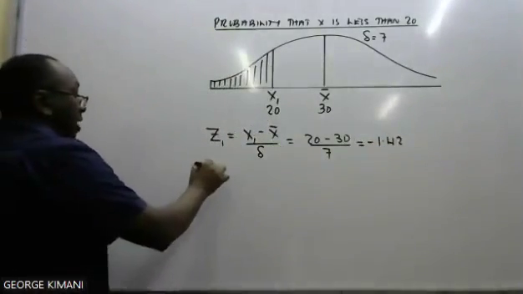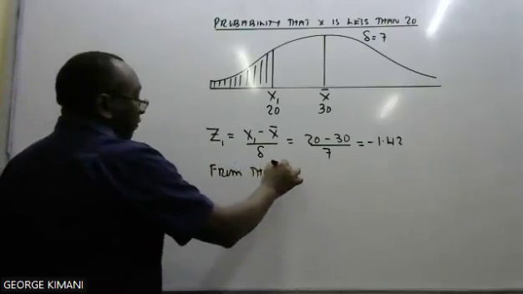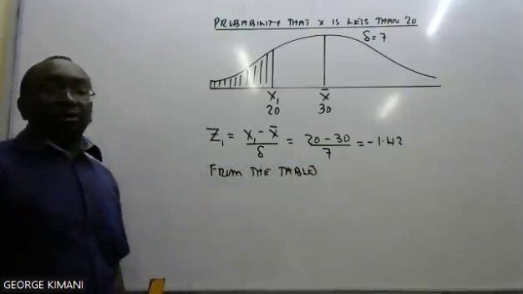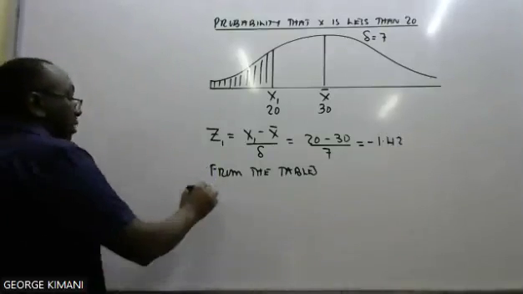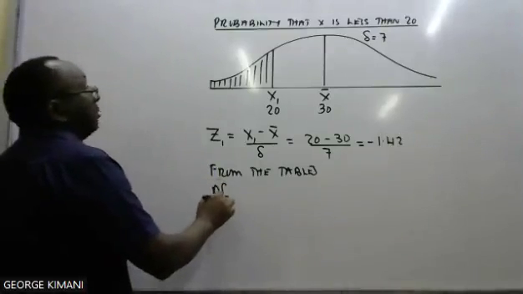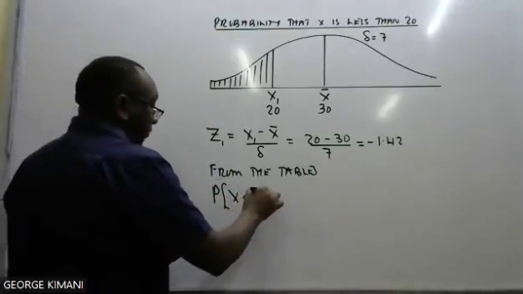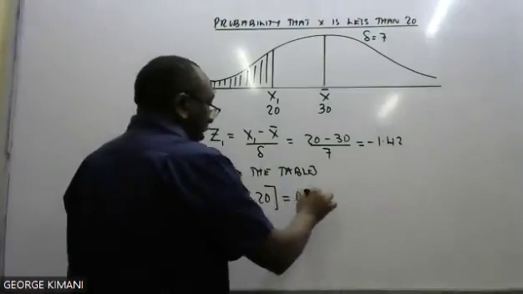Then now you tell us from the tables. We normally say from the tables because there is another formula that can be used. So you must tell whoever is looking at your work where you got the answer. So from the tables, probability that X is less than or equal to 20, it is 0.5 minus.